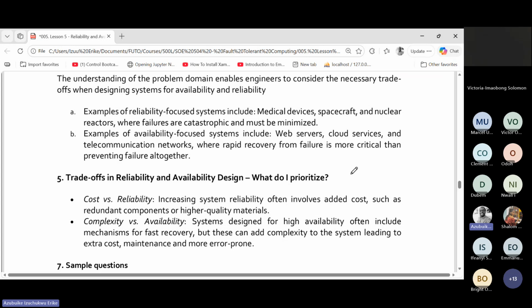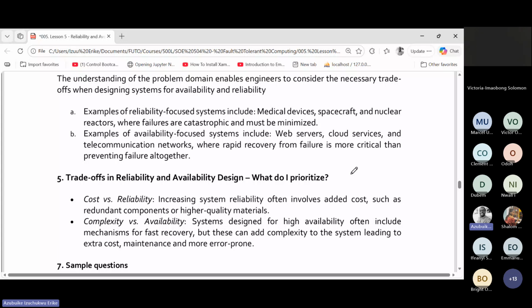Then another thing is complexity versus availability. Systems that are designed for high availability often include mechanisms for fast recovery, but these add complexity to the system design, which also leads to extra costs, higher maintenance, and even more error proneness. So you have to have this in mind.